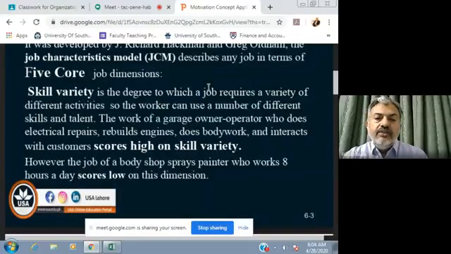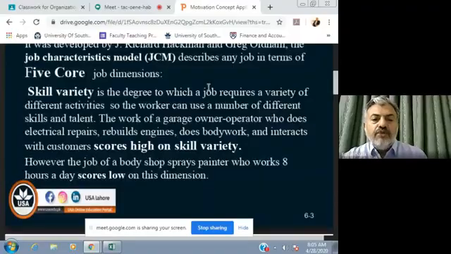Now we look at another job. This is the job of a body shop spray painter. All he is doing is spray painting cars from morning till evening, week after week, for a month, and then in 52 weeks his main job is just spraying the vehicles with paint.